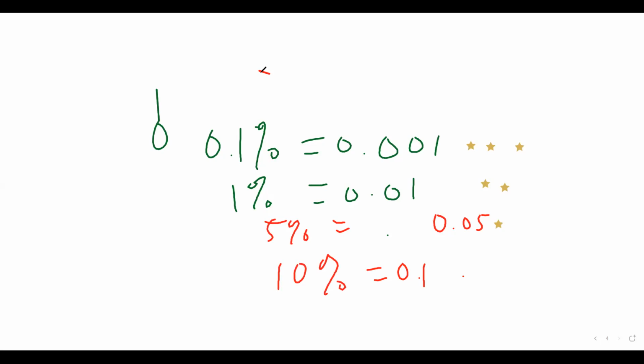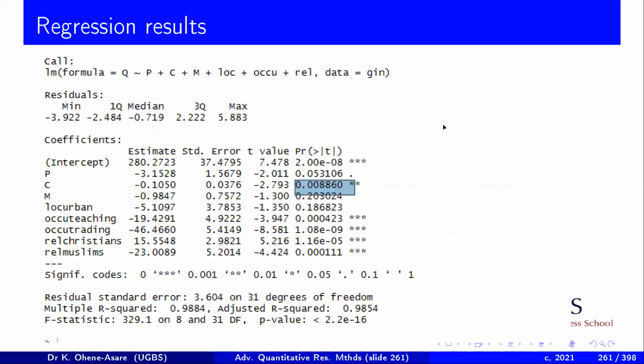It gets a dot, not a star but a dot. I will just give it a dot, and that dot indicates that R is talking about the fact that it is significant at 10%. I'm sure you understand all that we are doing now. So on the basis of this, let's go to our results and check.